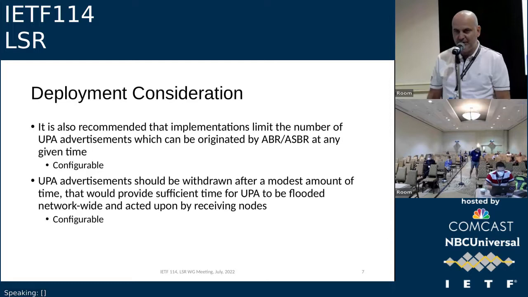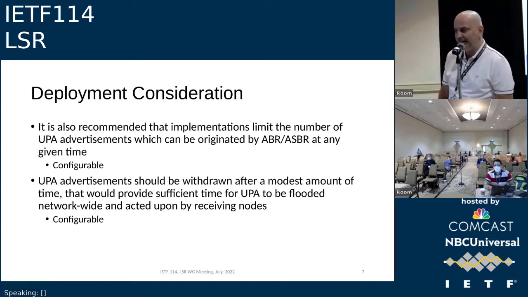The use case for this is when a PE fails, not when the area partitions or some catastrophic failure happens. And we don't need to keep this advertisement for a long time. We need this advertisement basically for the time needed to propagate it, plus some buffer, obviously. And then we can withdraw it at the source. Next slide.